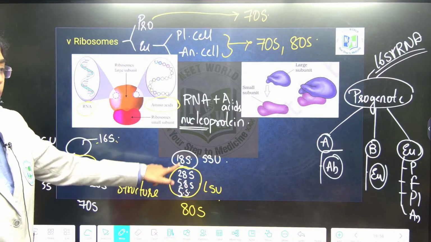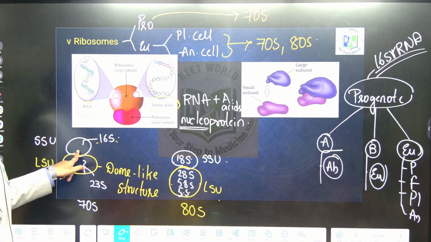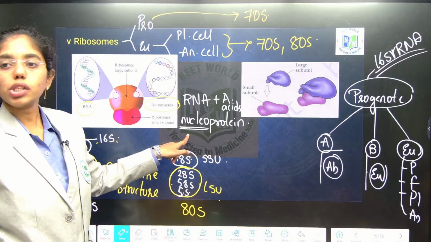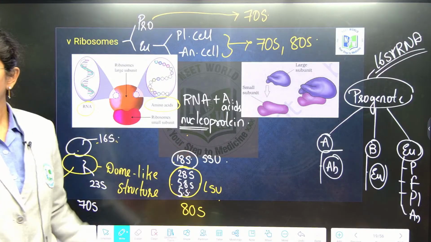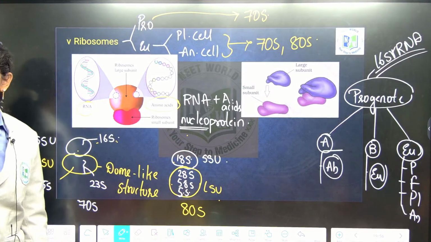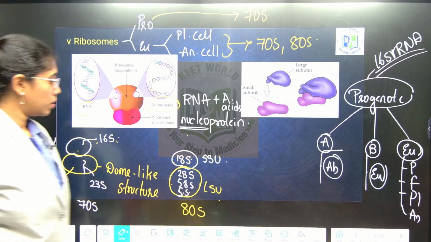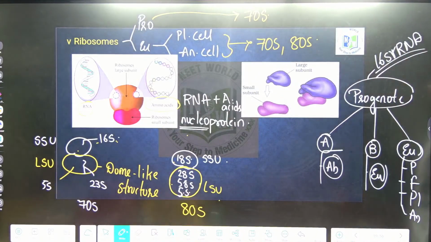Smaller subunit has 18S. A nucleoprotein structure which consists of RNA and proteins. Fine, right? Clear about ribosomes?